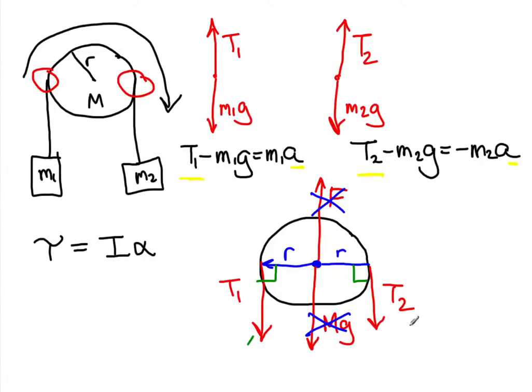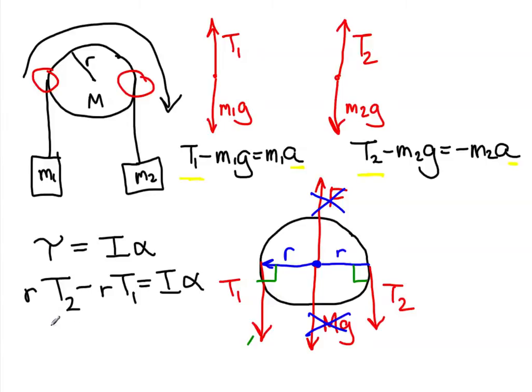So this T2 torque is going to be positive, and the T1 torque is going to be negative. So I'm going to say R T2 minus R T1 for the total torque. Remember, radius, force, sine of the angle between them, and the sine of 90 is 1. So that's the total torque, and that's going to be equal to I alpha.